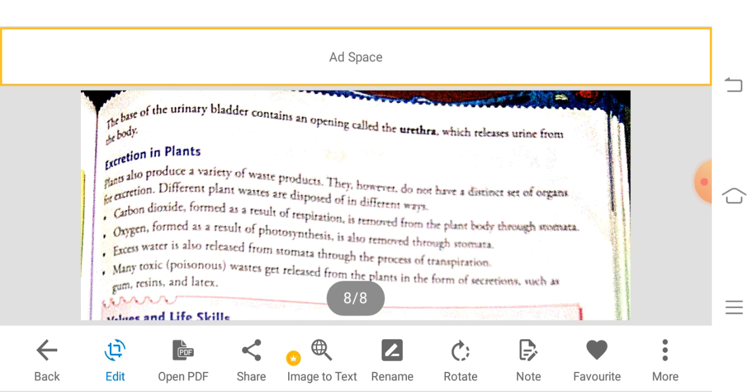So finally, once again we will see how the filtering of blood takes place in the kidney. Blood enters the kidney. The kidney contains filtering units called nephrons. In the nephrons, the blood is purified.